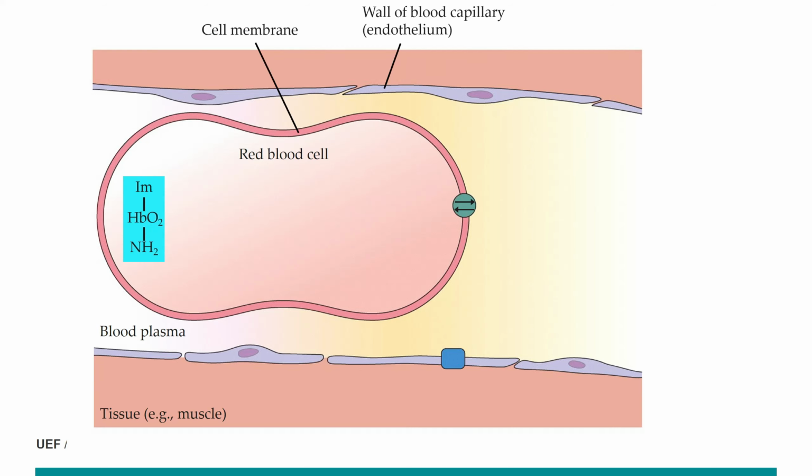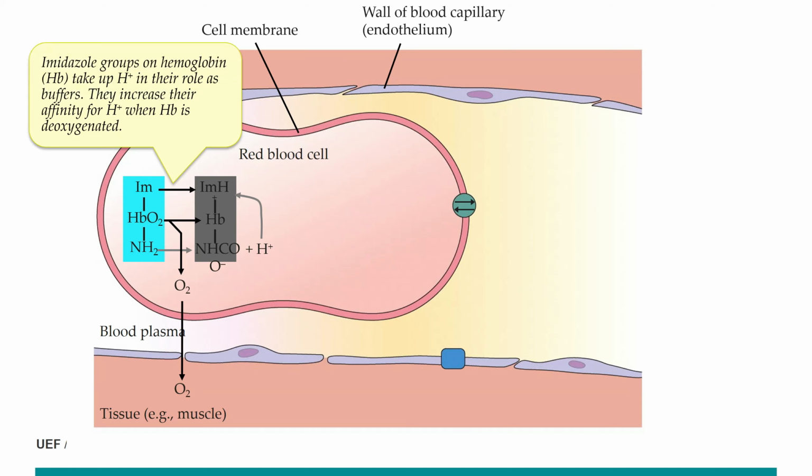And in the hemoglobin, we are binding oxygen. And when we are losing the oxygen, then these imidazole groups, these certain amino acids, are binding protons because the hemoglobin is deoxygenated.